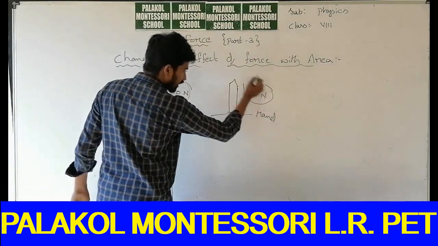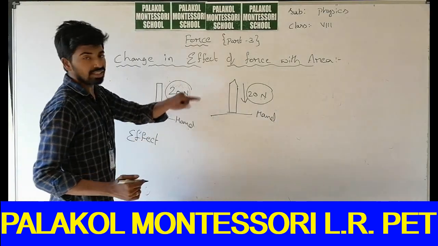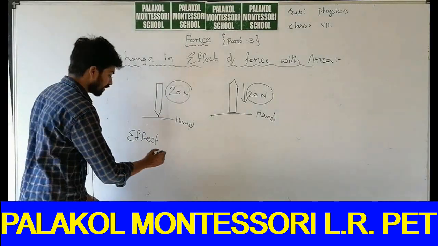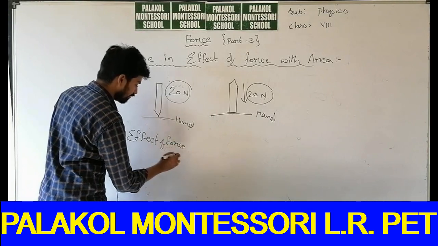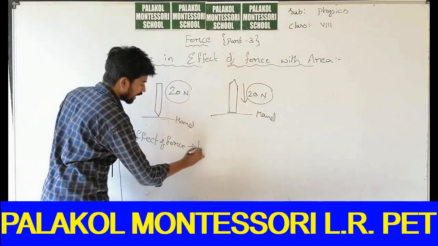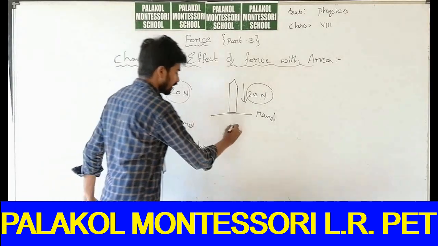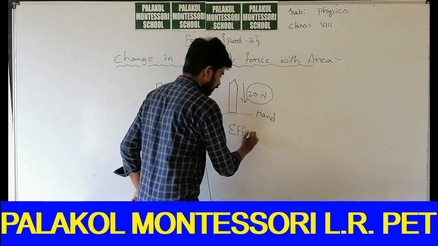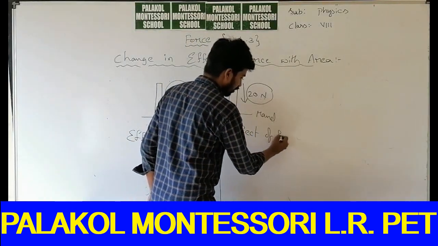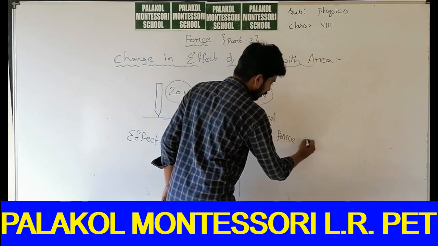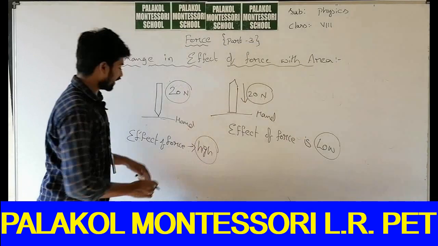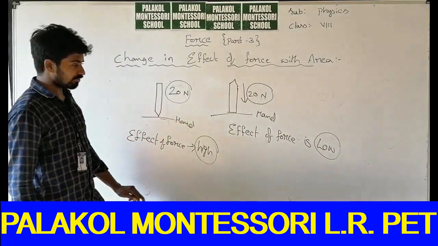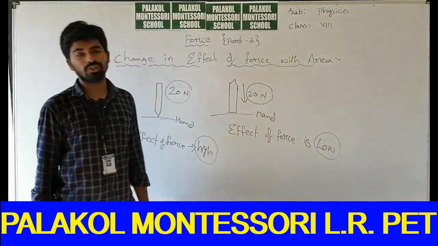In both cases the same amount of force is there, but in this case the effect of force is high, and in this case the effect of force is low.